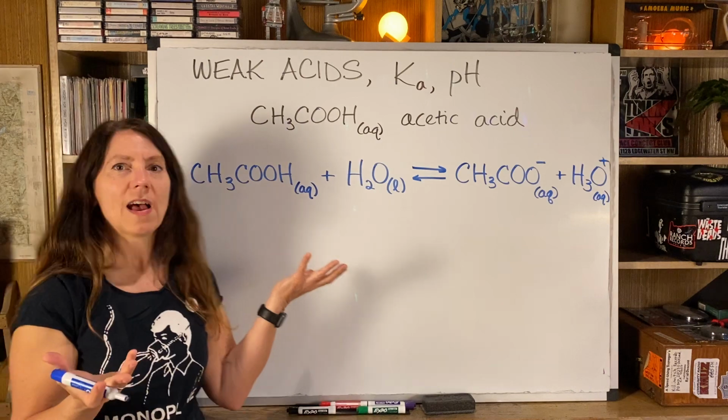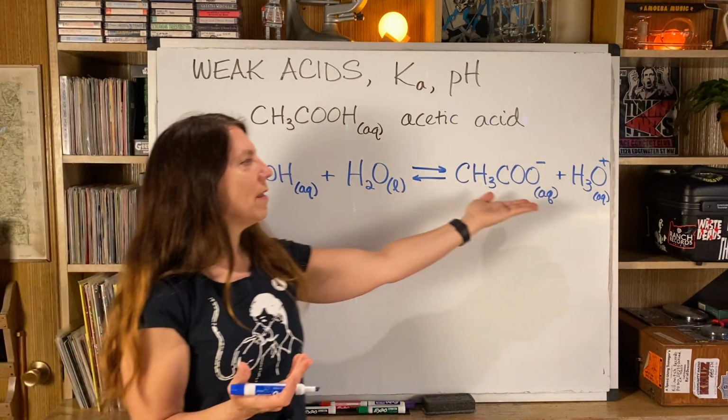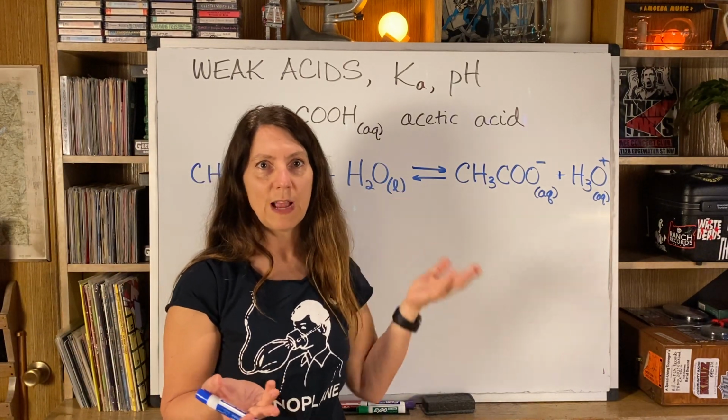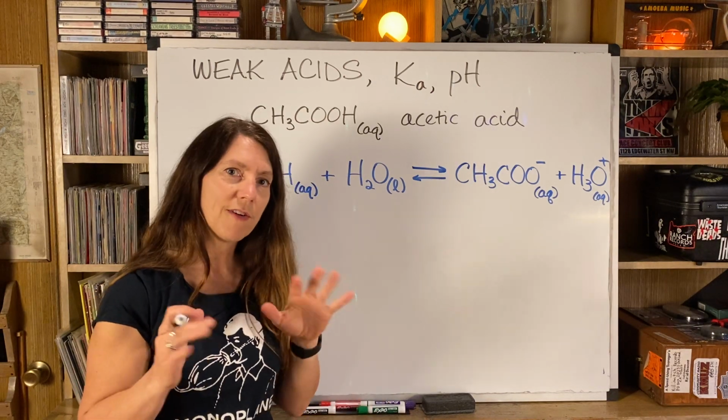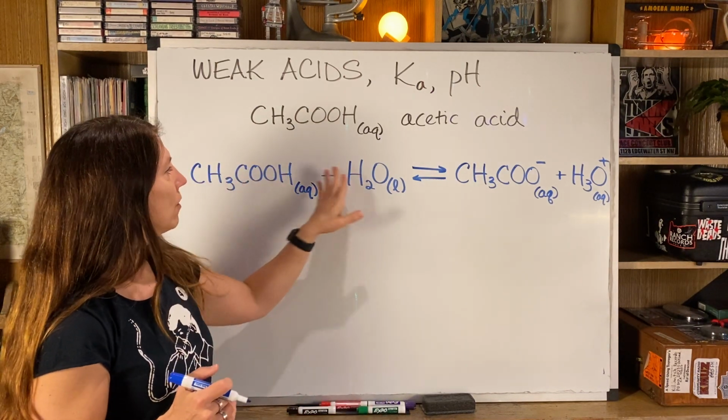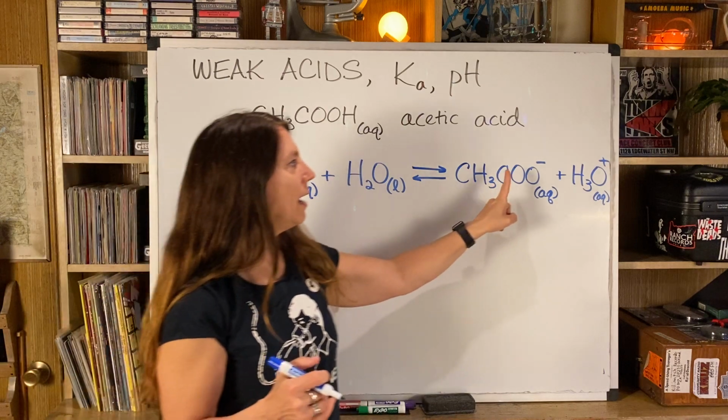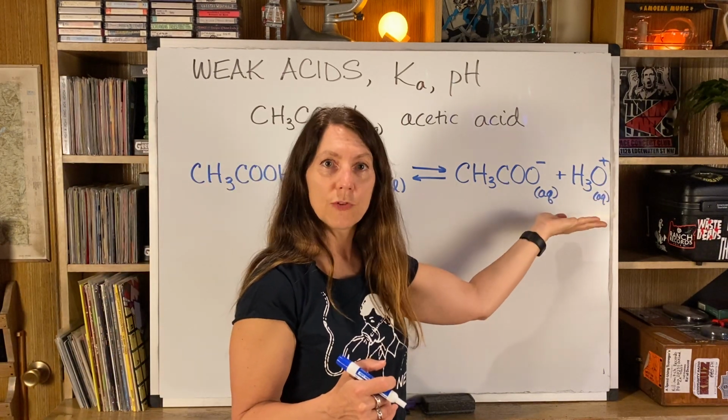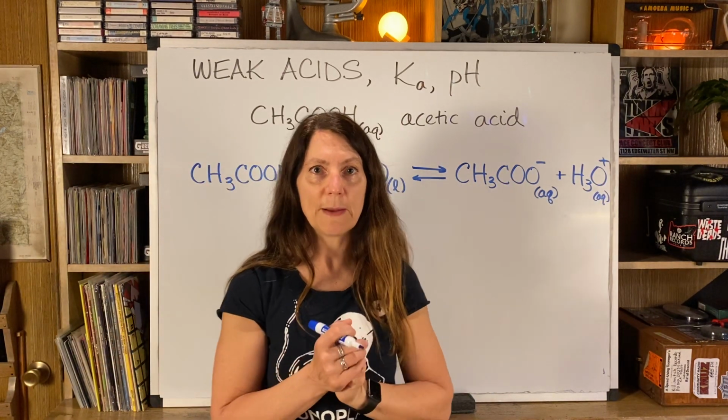Okay, as a side note, we can also note that we have charge balance in this reaction. We should always have charge balance in any of our chemical reactions where it is neutral over here, neutral, neutral, and here's a minus and a plus, also neutral on this side. Okay.